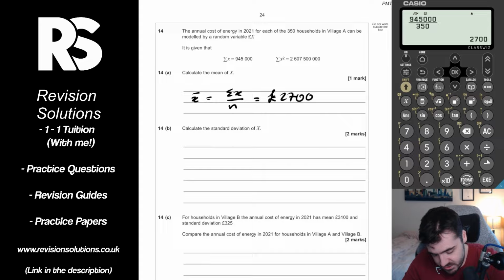The standard deviation, that's the square root of the sum of x squared over n, minus the mean squared.